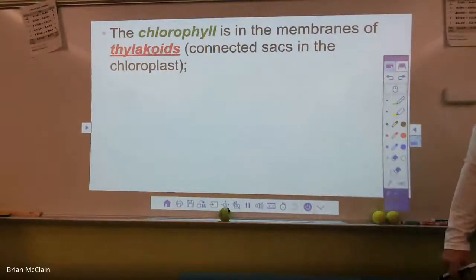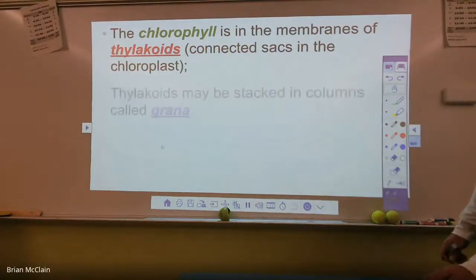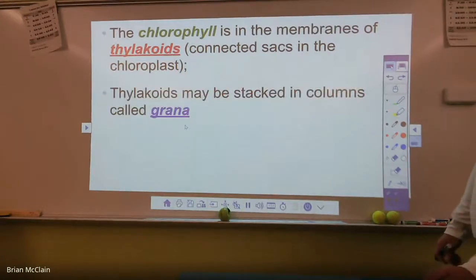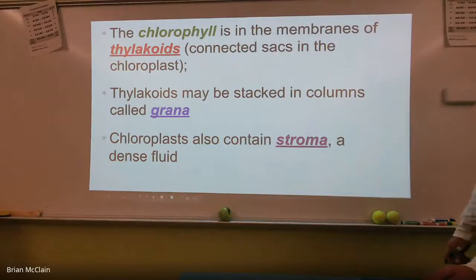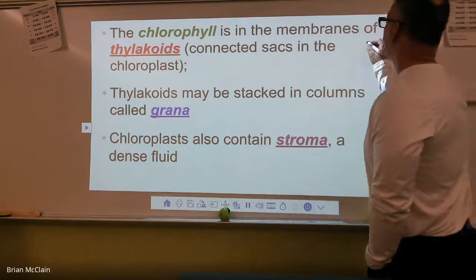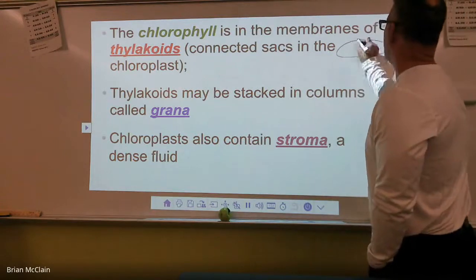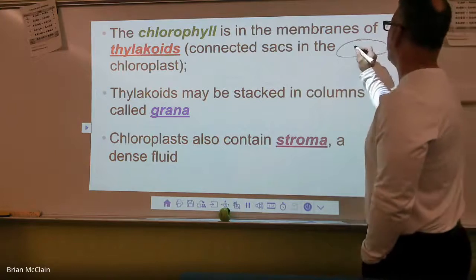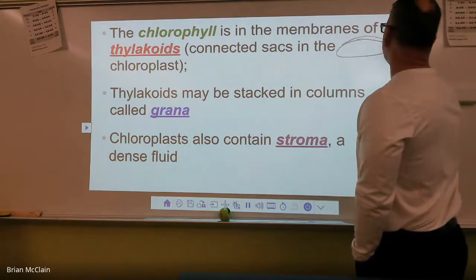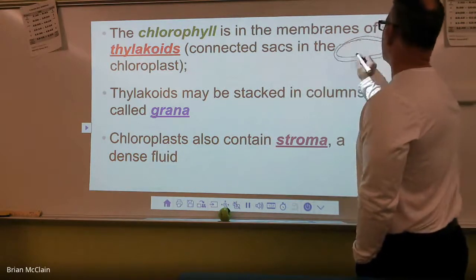Okay, so if we look at this here, we said that they could be stacked into grana, and the chloroplast also contains a dense fluid, which is going to be your stromal fluid, or the stroma. So, overall, if this is my chloroplast structure, the chloroplast has a membrane like this.